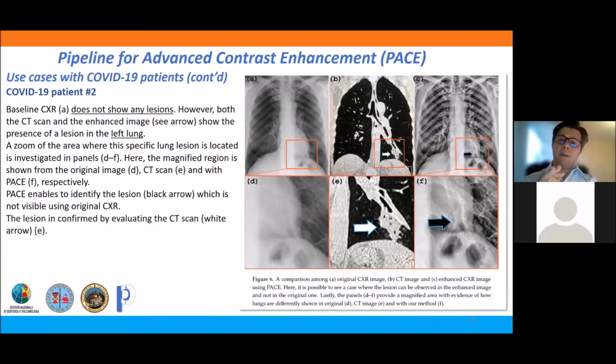So in this particular case, the method we proposed was able to identify a lesion that was not clearly diagnosed in the original chest X-ray image. And this lesion was also confirmed using CT scan.